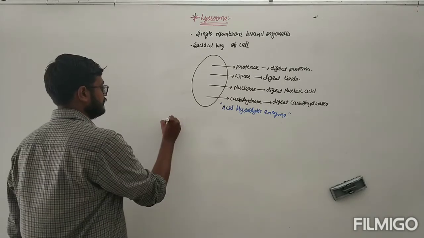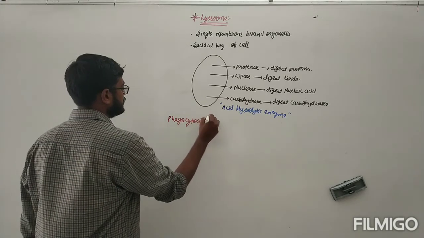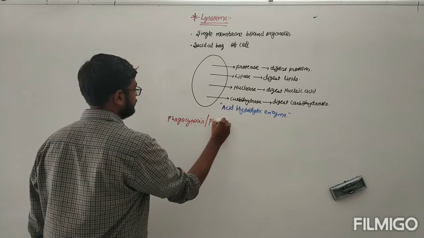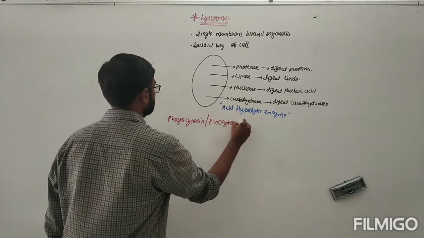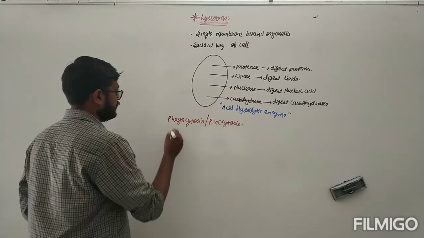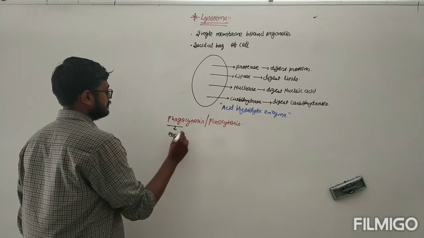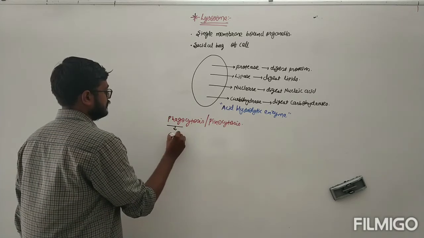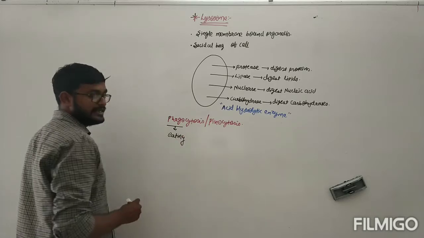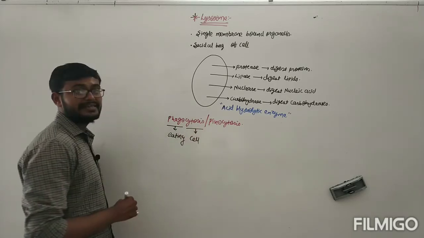Let's take an example. What is phagocytosis? And another one is termed pinocytosis. Here the term phago means eating, and cytosis, it is termed the cell eating process.